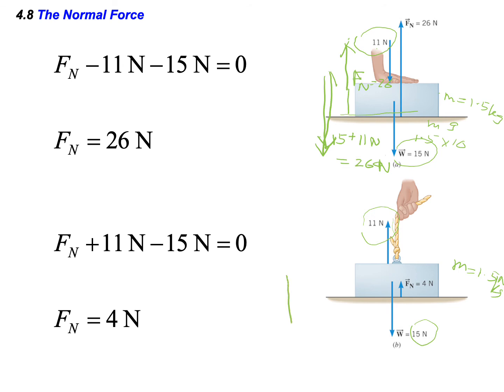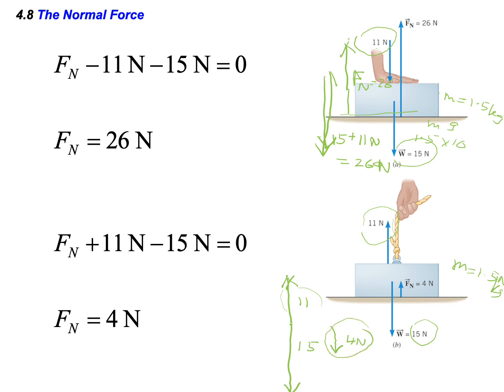One is 11 going up, and the other is 15. This is weight. This is the force you apply by hand with the rope, and you have a net force along this direction, which is equal to 4 Newton. That is your net force.